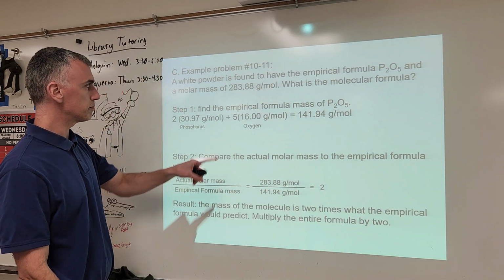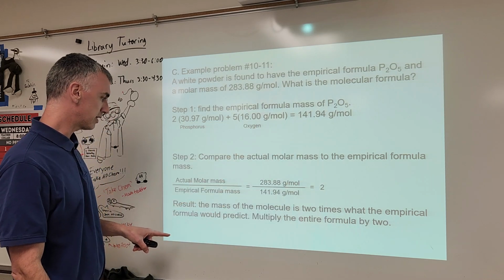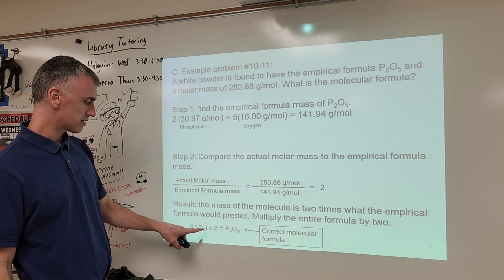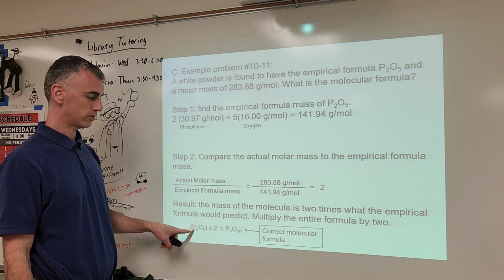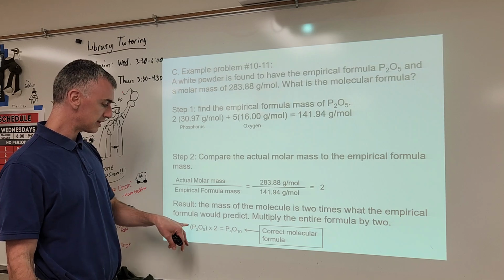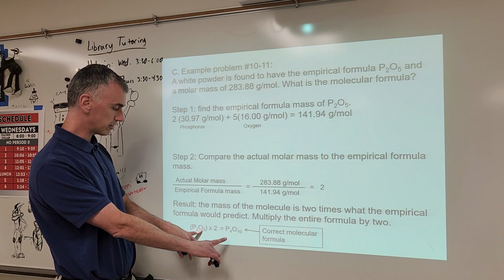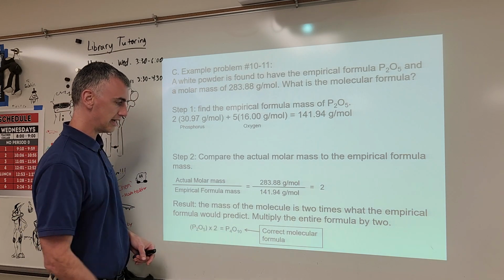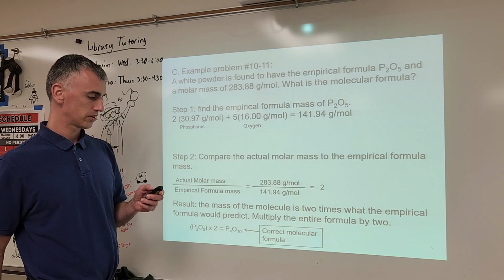So if the molar mass is twice as much as the formula mass, then we can say that must be because the actual formula is twice as much as the empirical formula. So we just take the empirical formula and multiply by 2. So 2 phosphoruses become 4, 5 oxygens become 10. And that is what you would box as the correct molecular formula for this.